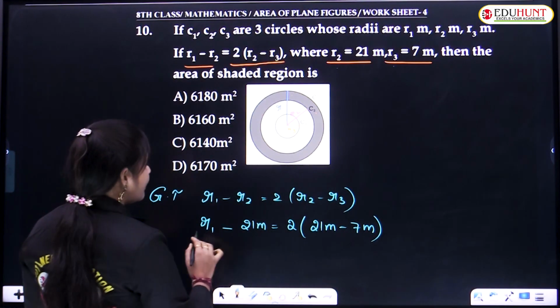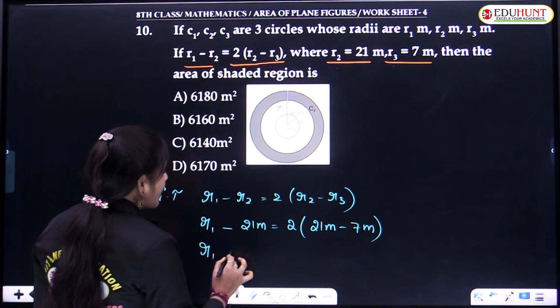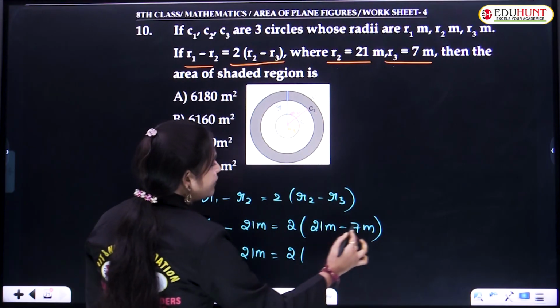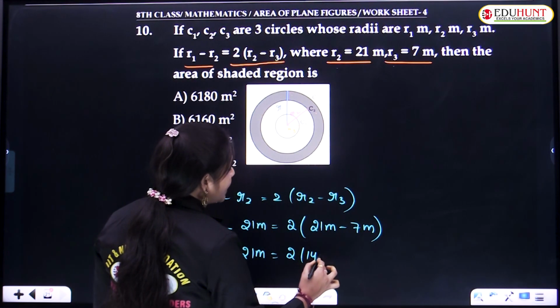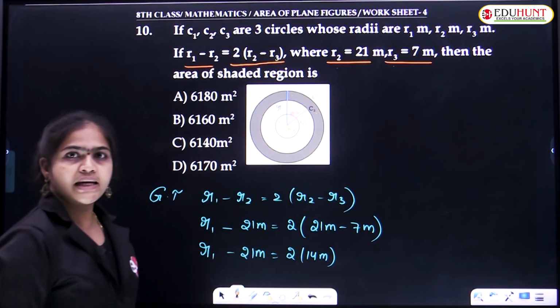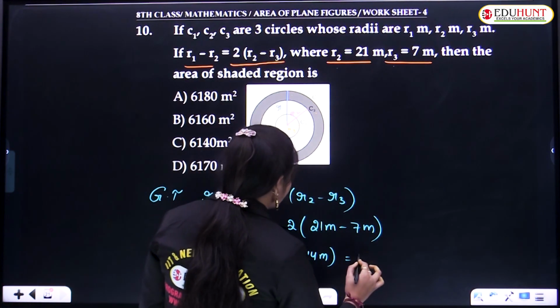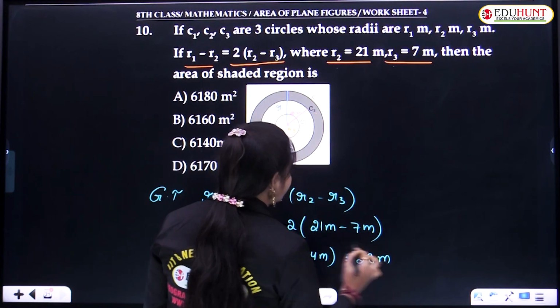Clear ma? Now here first find that R1 value. R1 minus 21 meters is equal to 2 into 21 minus 7, which is equal to 2 into 14 meters, which is 28 meters.